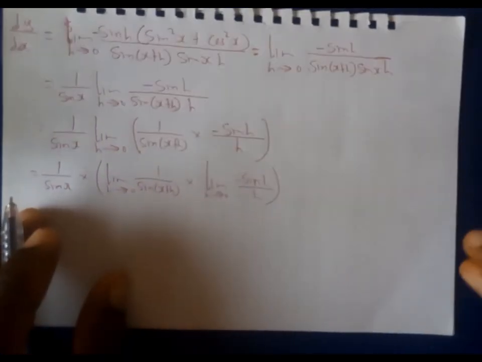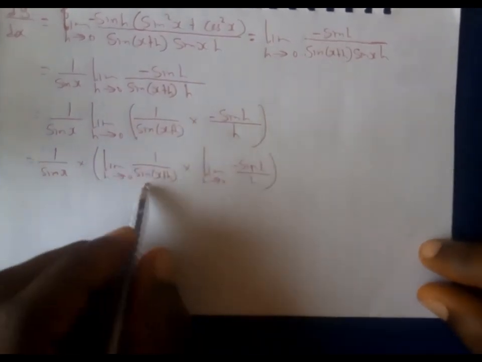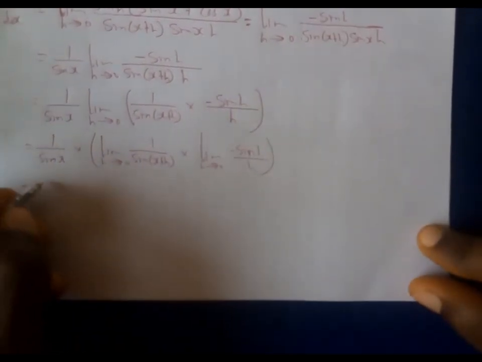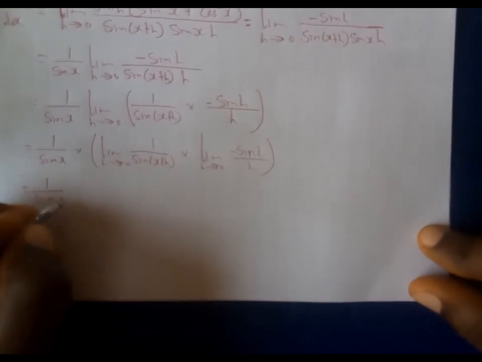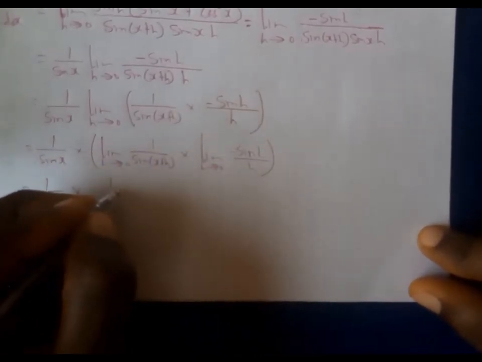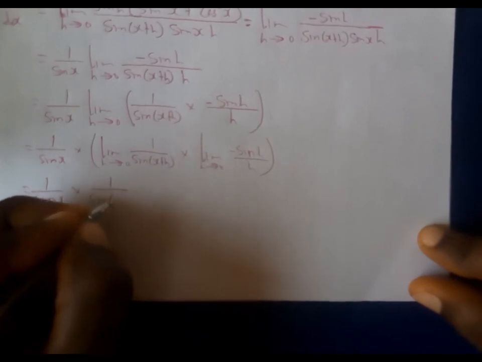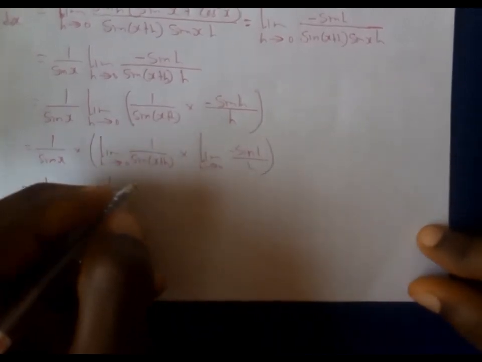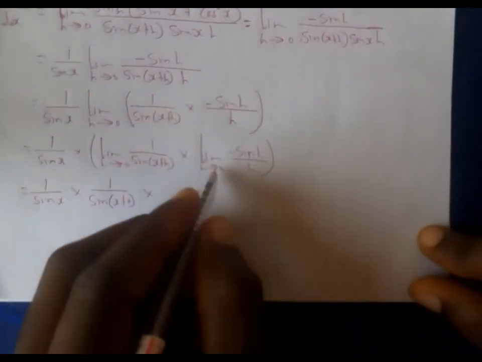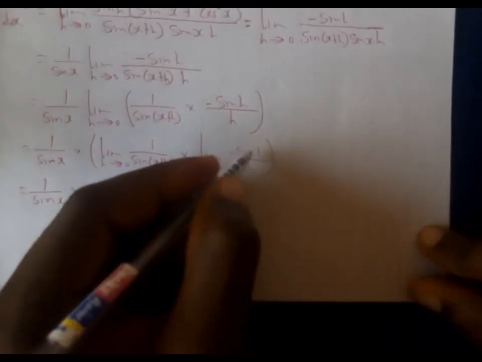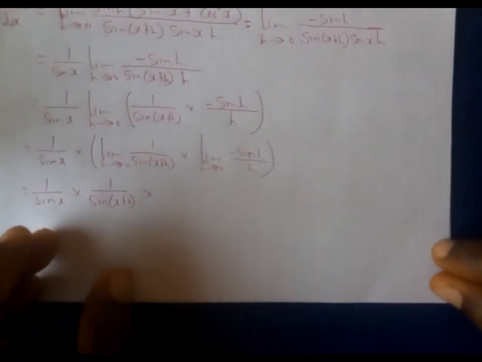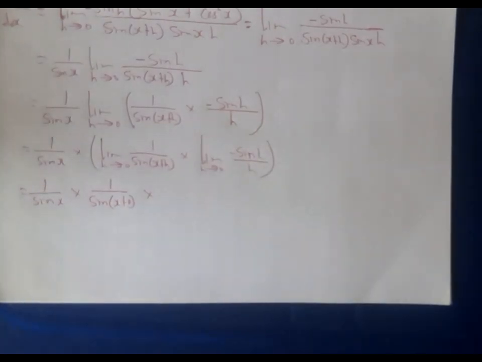Okay. Now we can go ahead and substitute the limits at this point. So we have 1 over sine x times 1 over sine x plus 0, which is the same thing as sine x, times, now we'll plug in the limit as h approaches 0 into these trigonometric functions. The result returns out to be equal to 1.